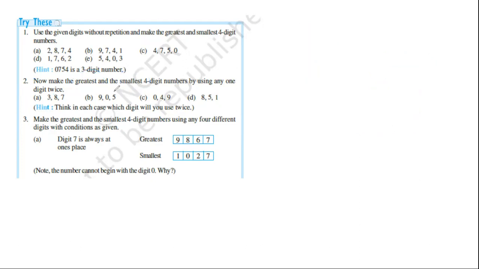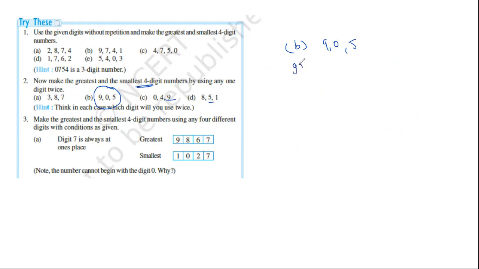Now let's take one more example. Here they are including 0, but giving the same condition, right? So let's take this also. The rest of the things you will try, because these will be the same way as we have done. Okay. So I'll write it in this way. He has asked to write a 4-digit number which has to be greatest.